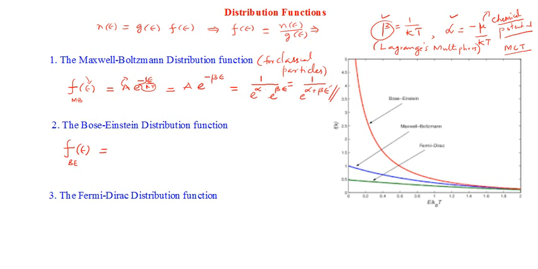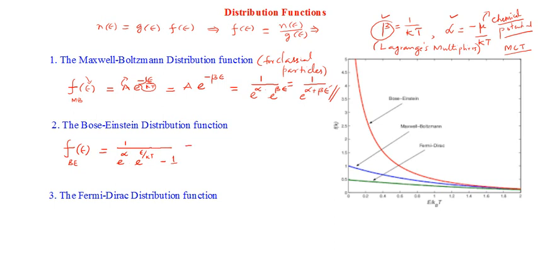This can be written as 1 by e raised to alpha into e raised to E by kT, minus 1. Don't worry about these expressions, just see that finally I will tell you that these are all the same.